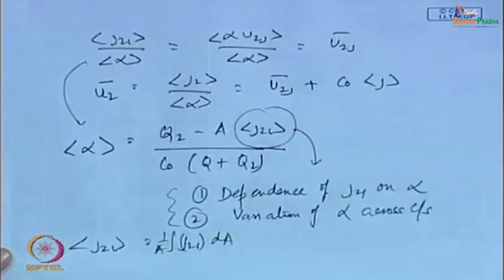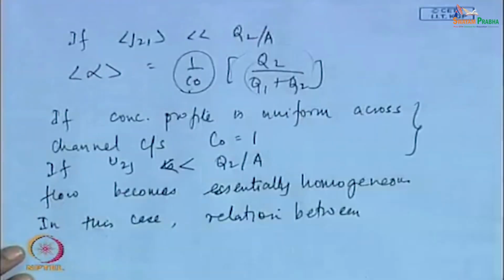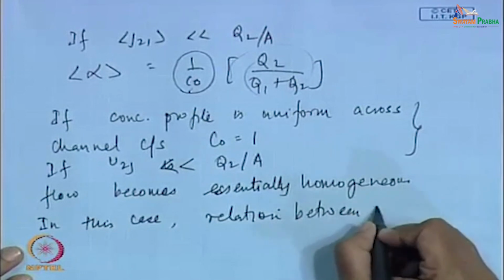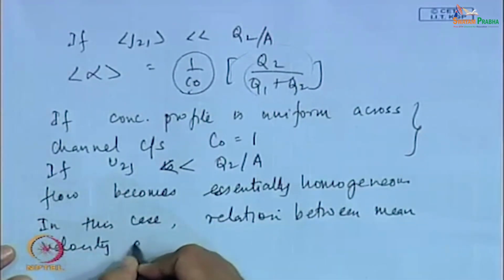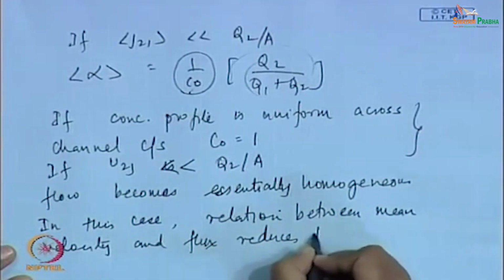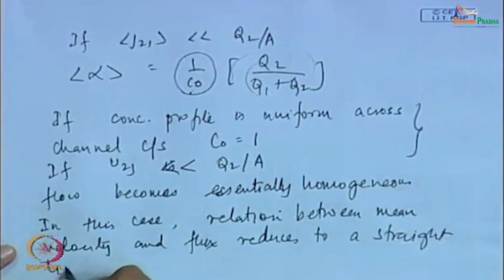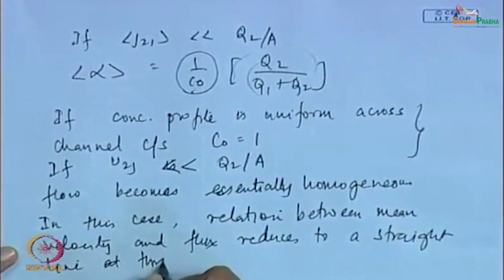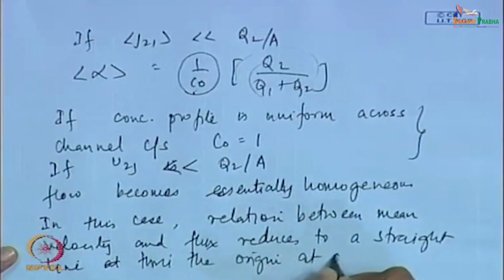So, therefore, under that circumstance, the relation between mean velocity and flux reduces to a straight line through the origin at an angle of 45 degrees.